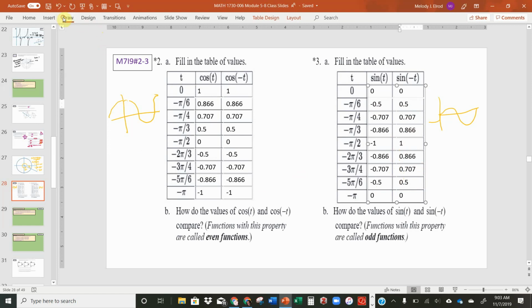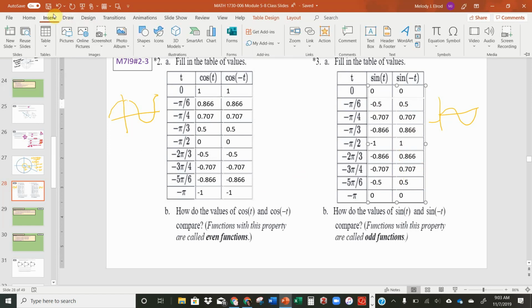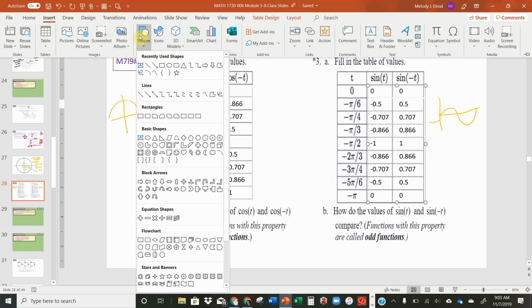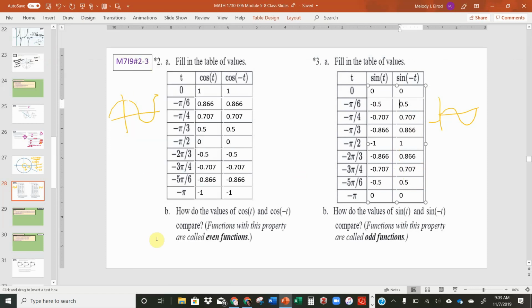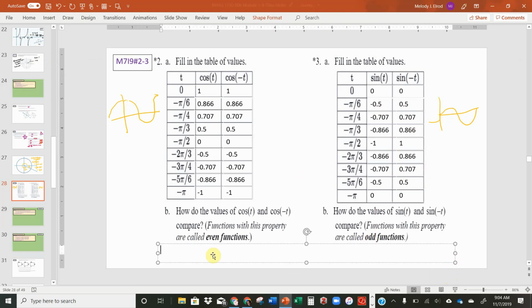So what's really happening, let me give myself a text box out here. What's really happening here is that we can see that the cosine of negative t is equal to the cosine of t.